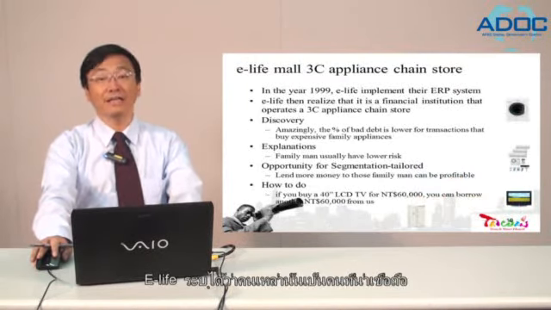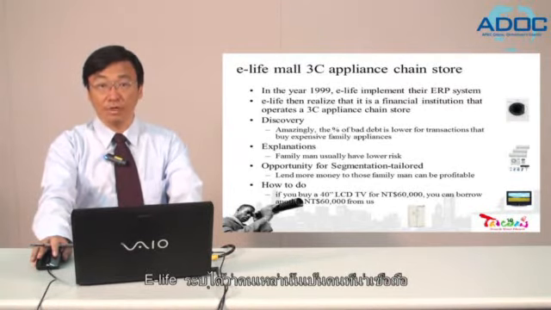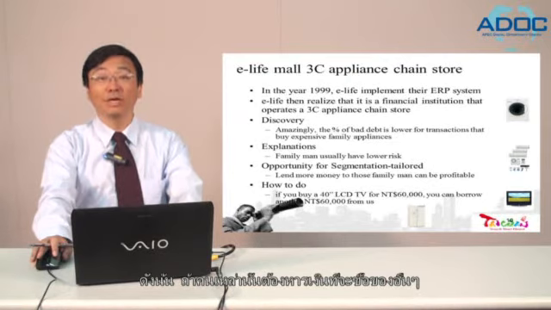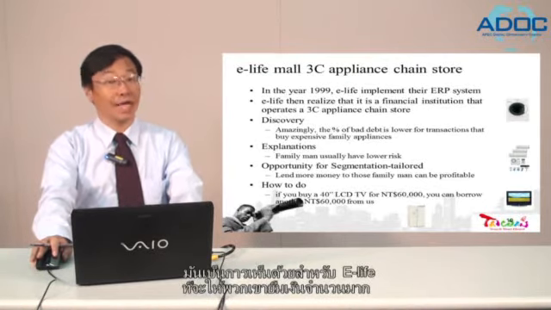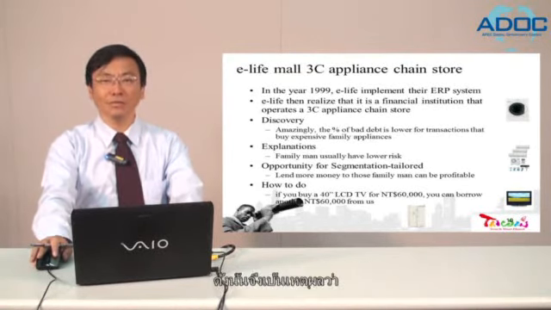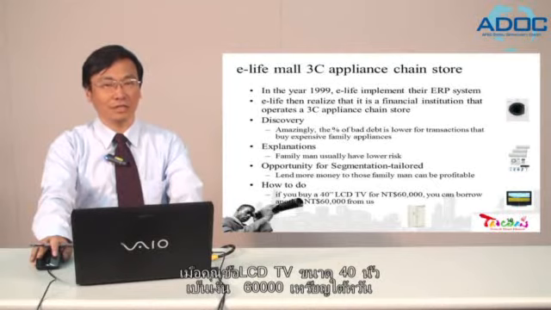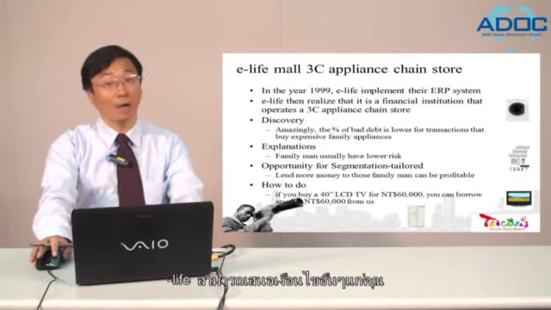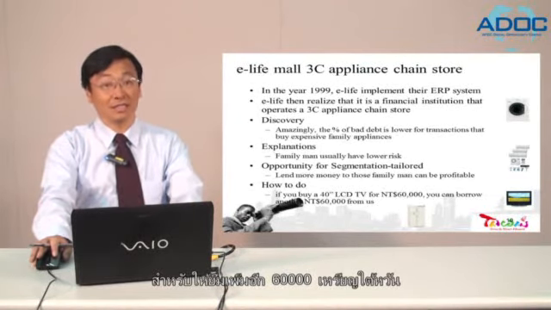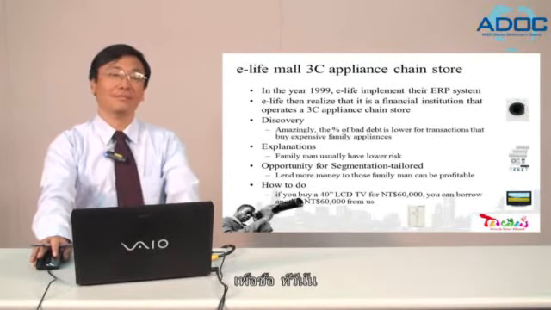eLife defines those people as reliable. So if those people need more money to buy other things, it is okay for eLife to lend them more money. That's why when you buy a 40 inch LCD TV for $60,000, eLife can offer you another option for another $60,000.